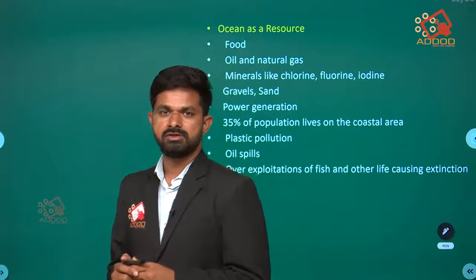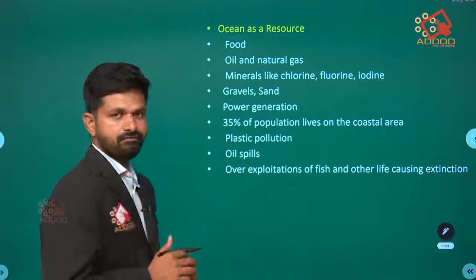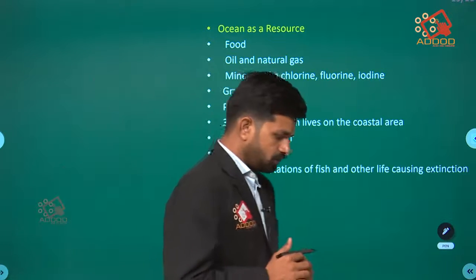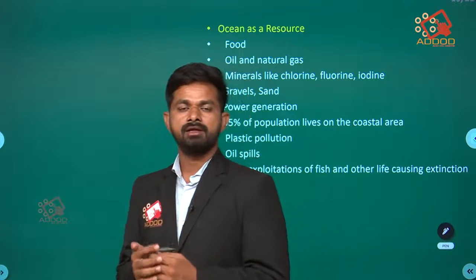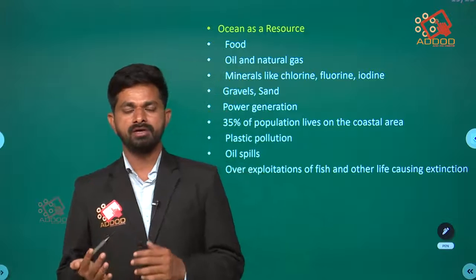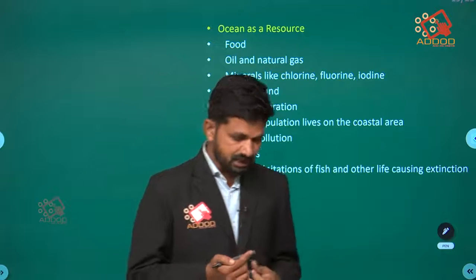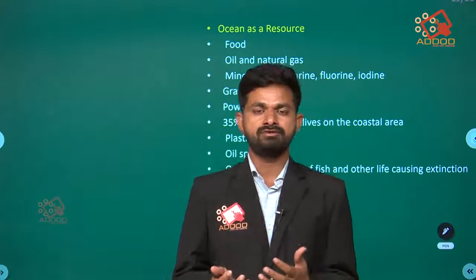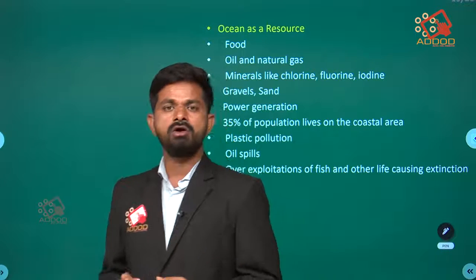And apart from this, oil and natural gas are also available on the continental shelf. Try to locate where Bombay High is. This is an oil rig that we have in our country, and also KG Basin D6. This is the natural gas that we fetch from the Krishna Godavari basin. Where are these? These are on the continental shelf.